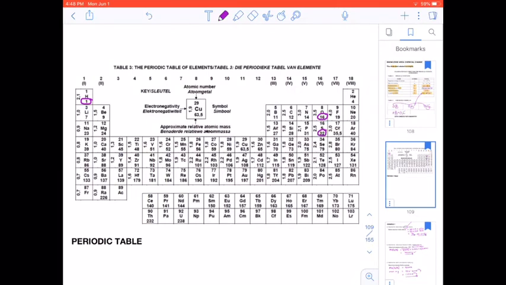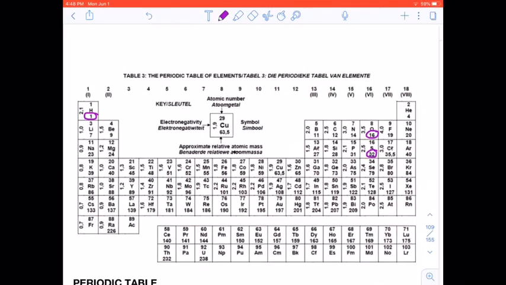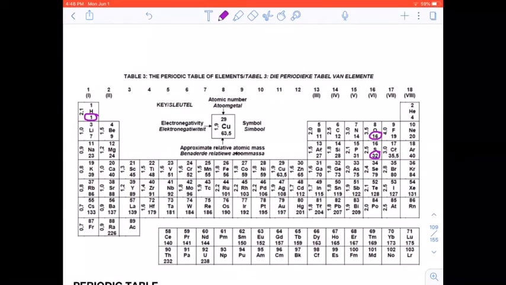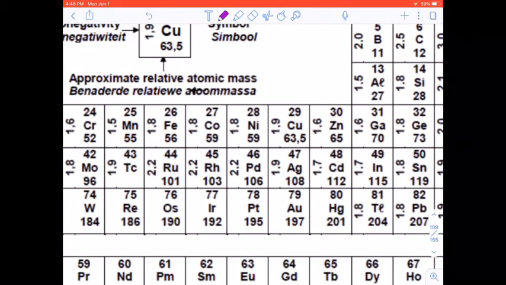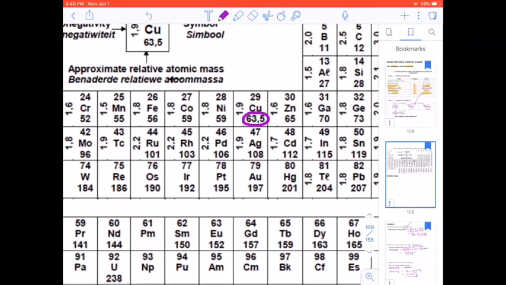So where is copper? Here's copper. And its relative atomic mass is 63.5, but if we express it in atomic mass units, then it's 63.5 AMU.